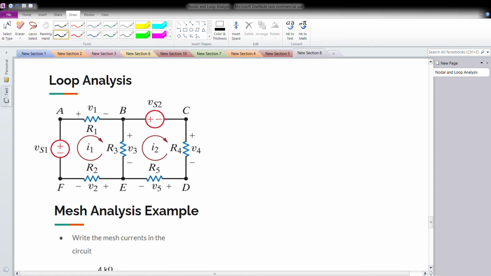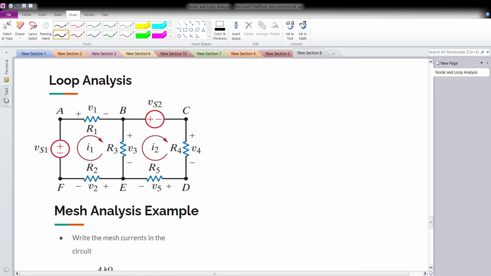You can't really catch your mistakes. So that's why, if you have a current source on a loop, when you're defining your current in that loop, just define your current in the same direction as your current source.